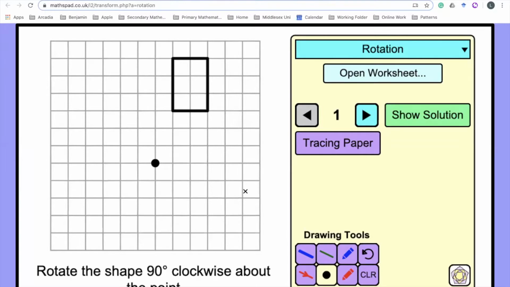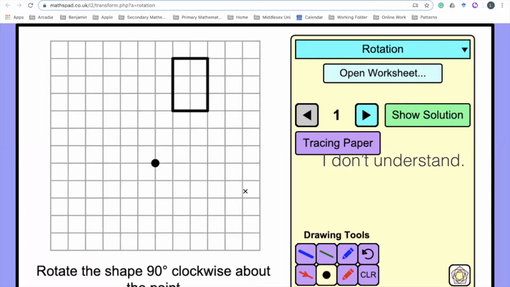So 90 degrees clockwise. Can someone write in the chat another way of saying 90 degrees clockwise? Is there another instruction that is the same as 90 degrees clockwise? A quarter turn clockwise, yes. Good. Is there another one?